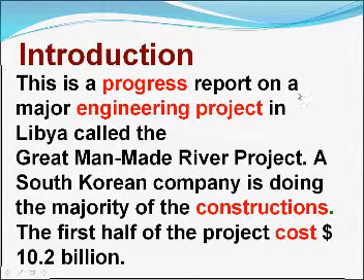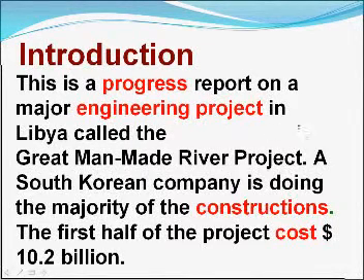This is a progress report on a major engineering project in Libya called the Great Man-Made River Project. A South Korean company is doing the majority of the constructions. The first half of the project cost $10.2 billion. So again, look at this. You have this sentence at the beginning. This is a progress report on, and then you write the name of the project, or you give an idea on the project.